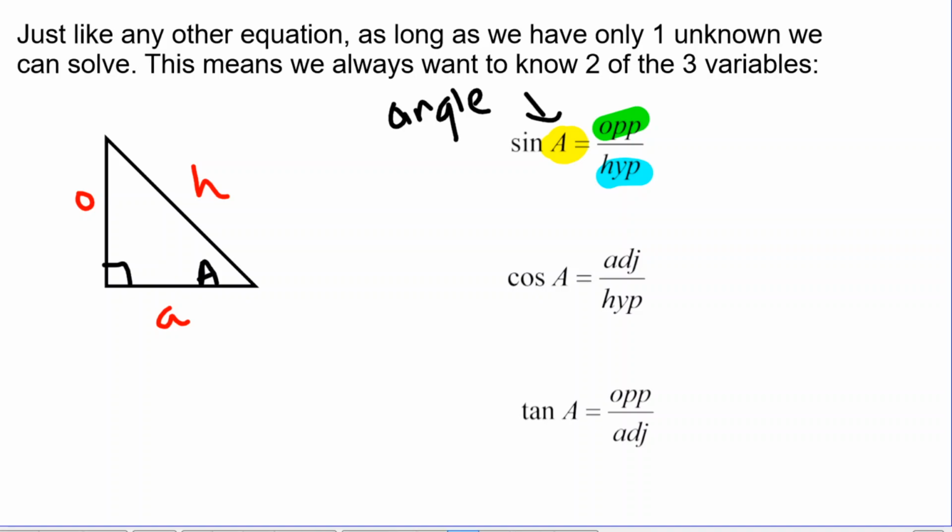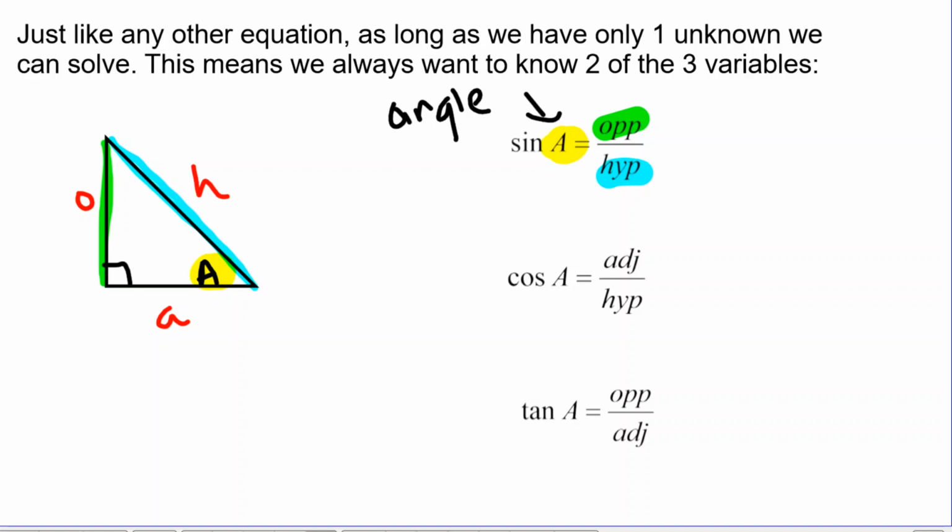The sine function tells us that from this angle, how long is my opposite length, how long is this side length in comparison to my hypotenuse? Is it going to be 80% as long? Is it going to give me a ratio of 0.8? Is it half as long? Does it give me a ratio of 0.5? How long are those side lengths for this specific angle?